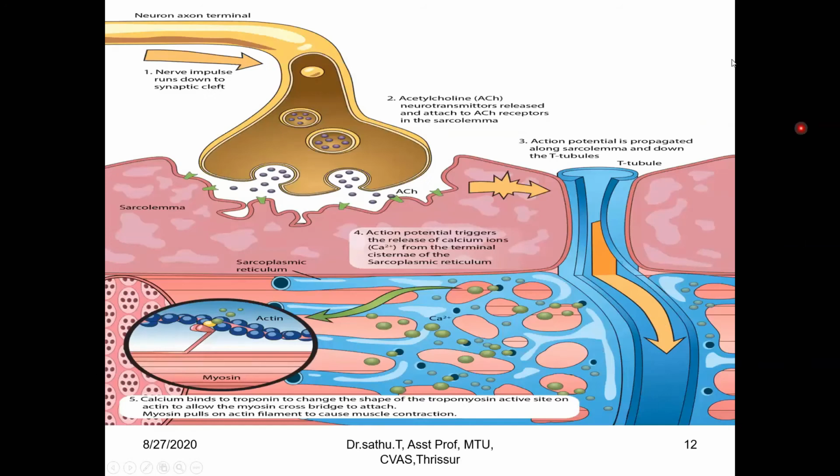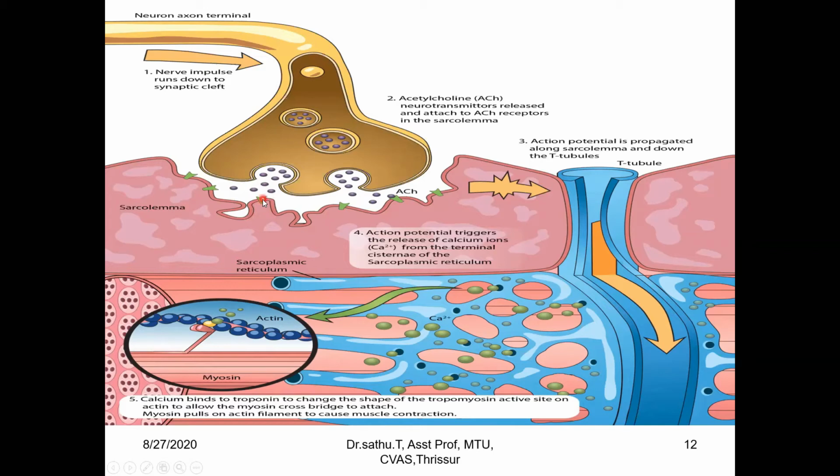This is what we can see here, the neuroaxon terminal. This is a synaptic cleft, we can say. The nerve impulse runs down to the synaptic cleft. Once it comes to the synaptic cleft, the synaptic vesicles release the acetylcholine. Once the acetylcholine is released, it goes and binds with the receptors present in the postsynaptic membrane.